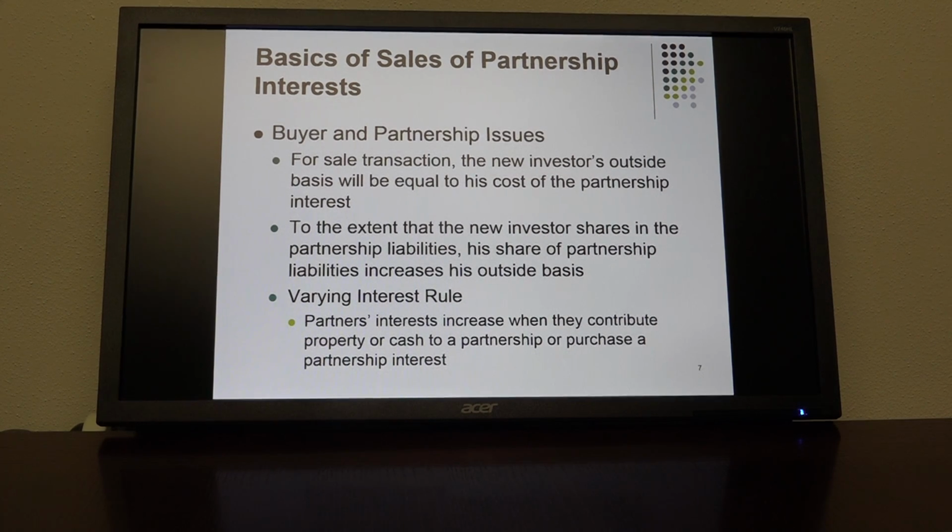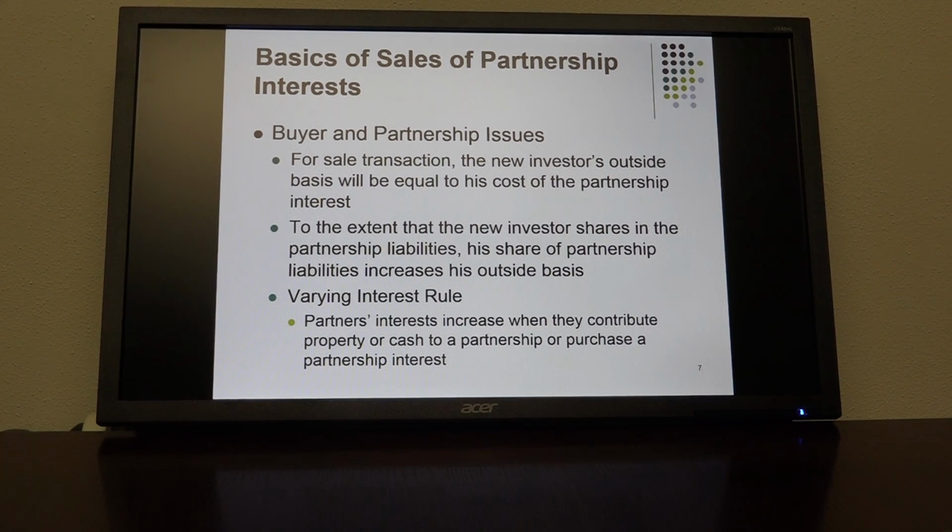Now we have this thing called the varying interest rule, and essentially what that says is that if you've got the sale of a partnership interest in the middle of the year, any time other than its normal tax year, then you've got to consider that selling partner's interest increase or decrease as a result of what's happened during that year in which they sell the partnership interest.